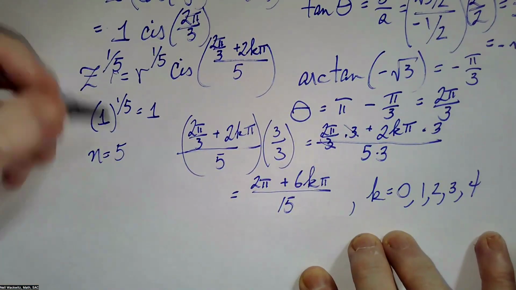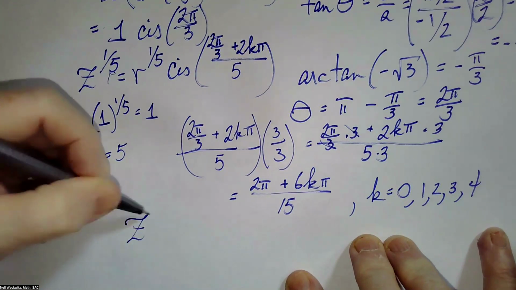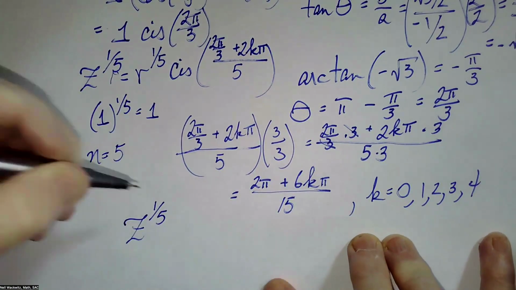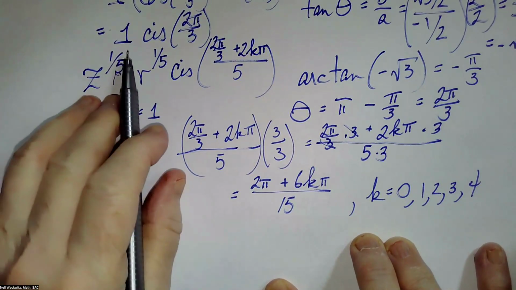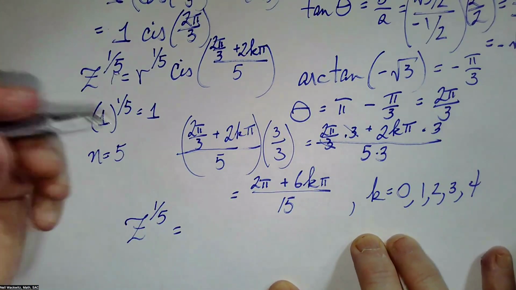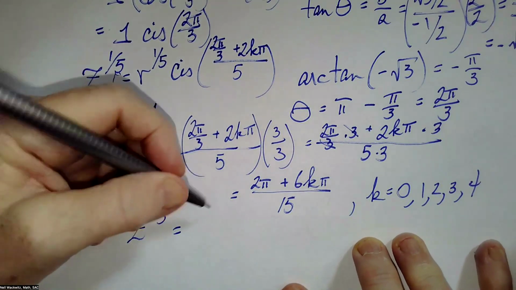So let's write the form of z to the 1/5. We said that r to the 1/5, that's the 5th root of 1. Well, 1 times 1 times 1 times 1 is 1.